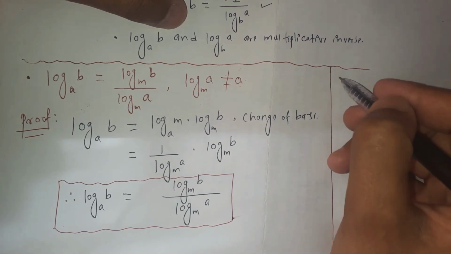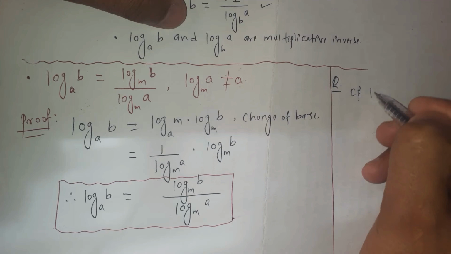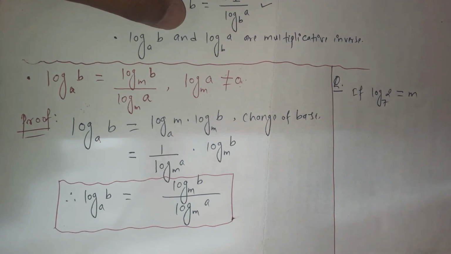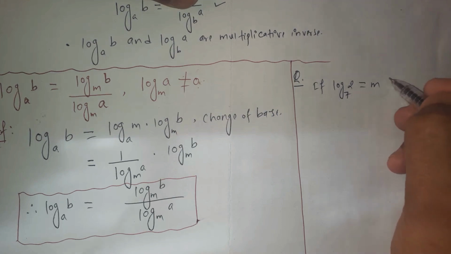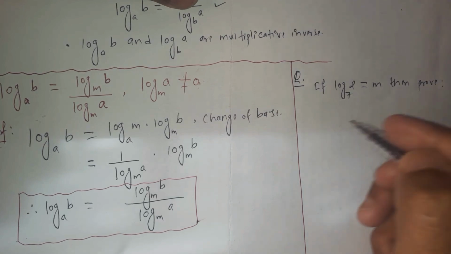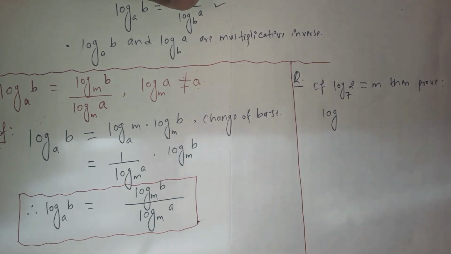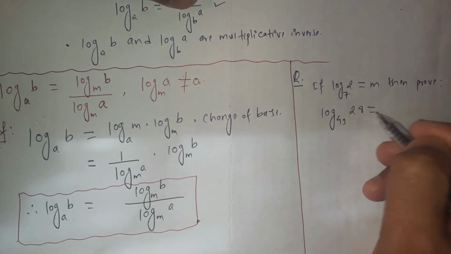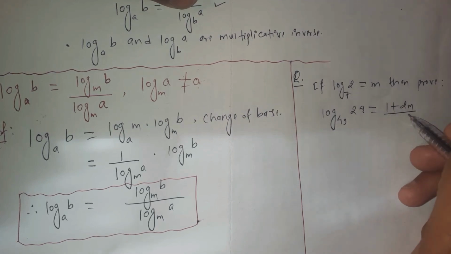Here the question is: if log of 2 with base 7 is given as m, then we have to prove that log with base 49 of the number 28 is equal to, in terms of m, (1 plus 2m) over 2.